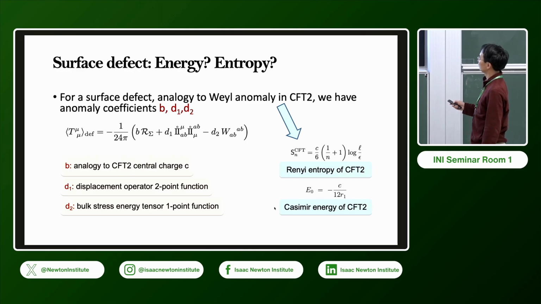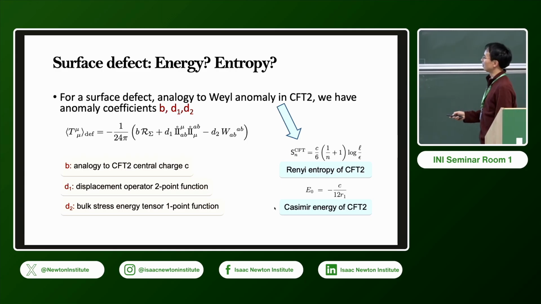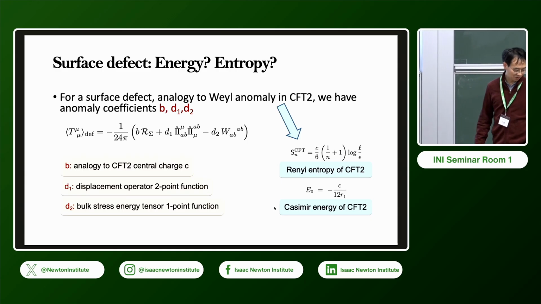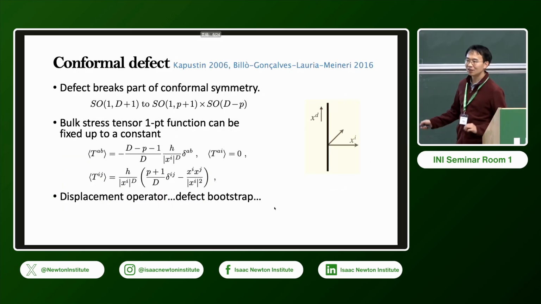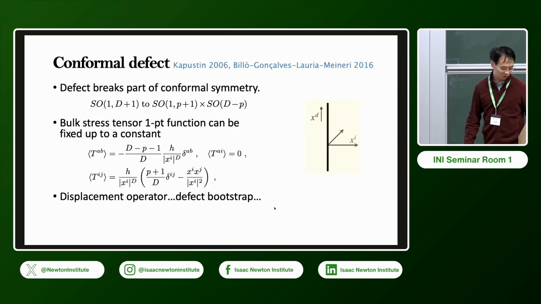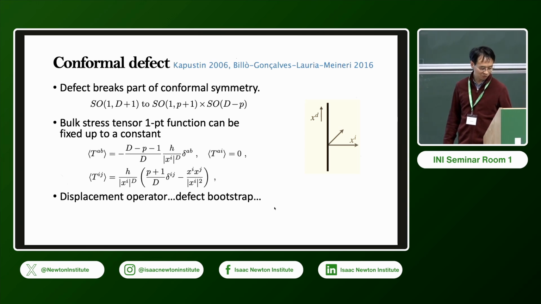And then you can see the B is essentially the analog of the 2D CFT central charge c. And D1 is the coefficient of the displacement operator two-point function. And D2 is the coefficient of the one-point function of the stress tensor. Since we already showed on the previous page, small h will be proportional to D2.